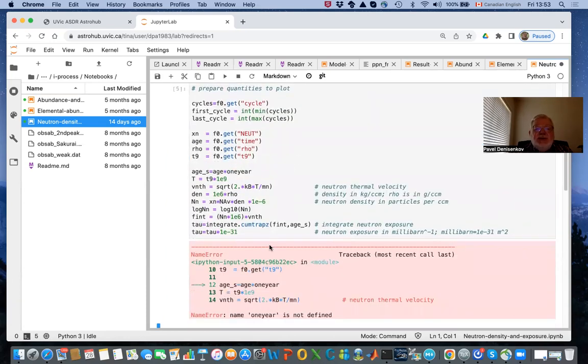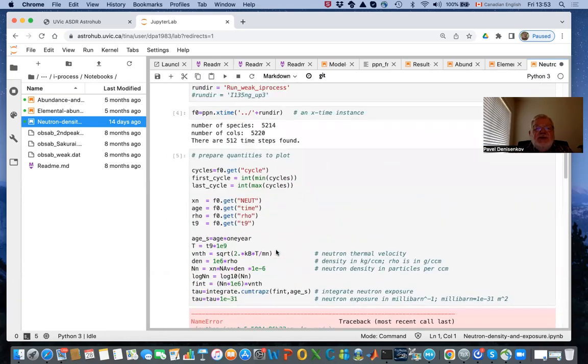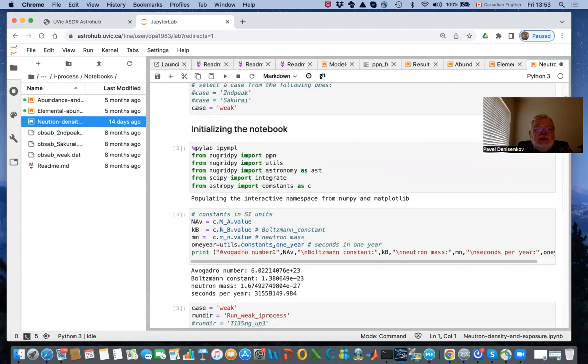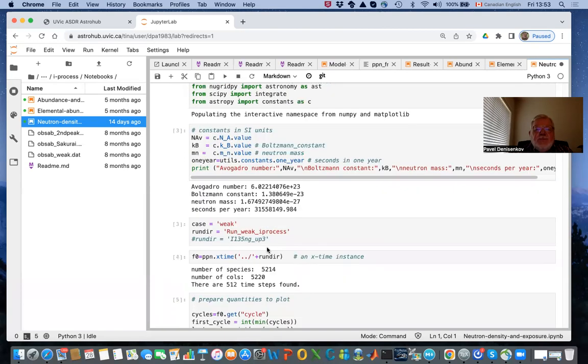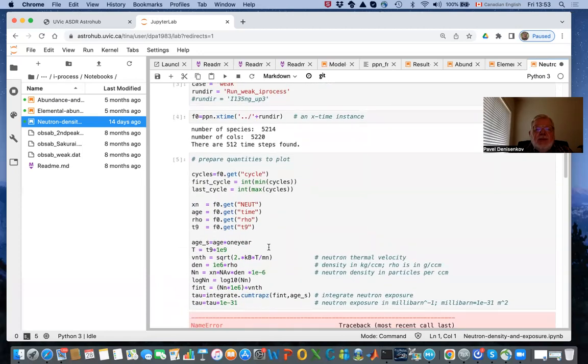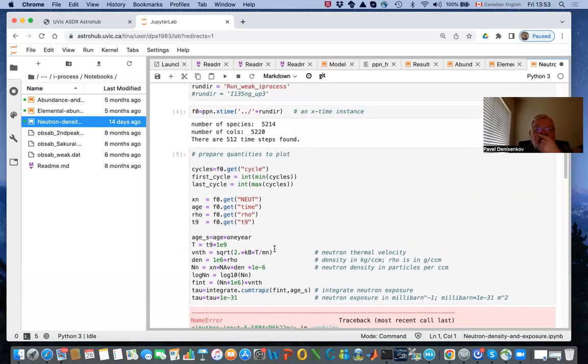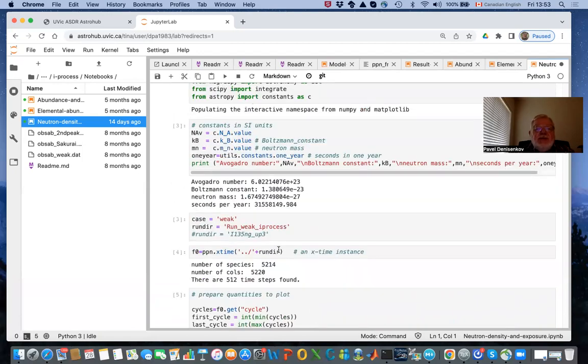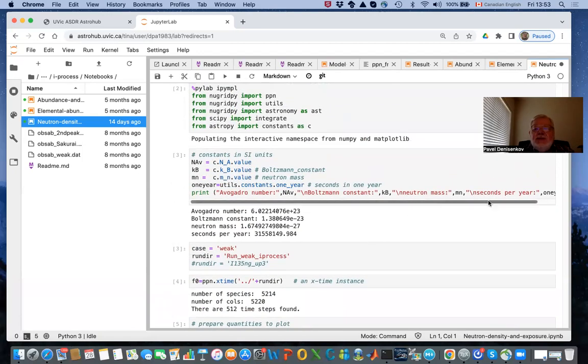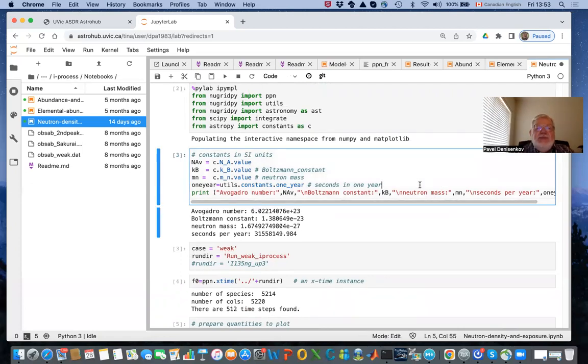Oh, sorry. Then 1 year is not defined. What does it mean? 1 year was defined here. Why is 1 year not defined? I probably didn't execute this.